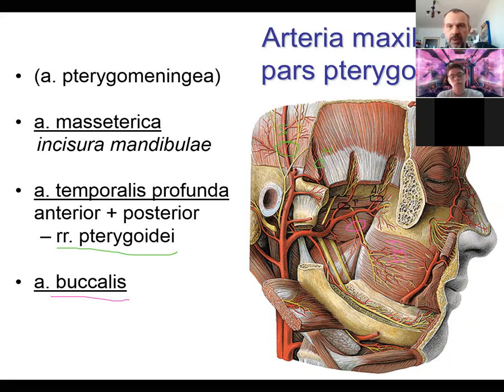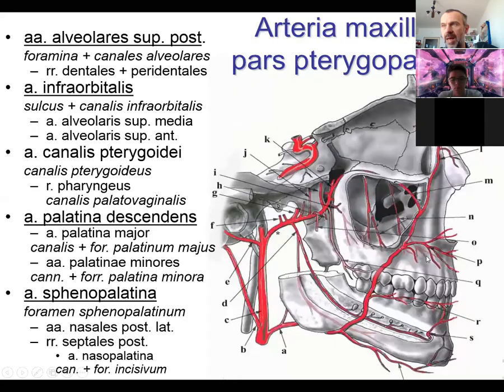Okay, that's all for this part, for the pterygoid part. And now we enter the pterygopalatine fossa. So we have the pterygopalatine part. And here, all the branches you already know from the skull. So that's just a repetition, and I'll go quite quickly through that. Only if you have questions, you ask. So first branches go and supply the posterior upper teeth.